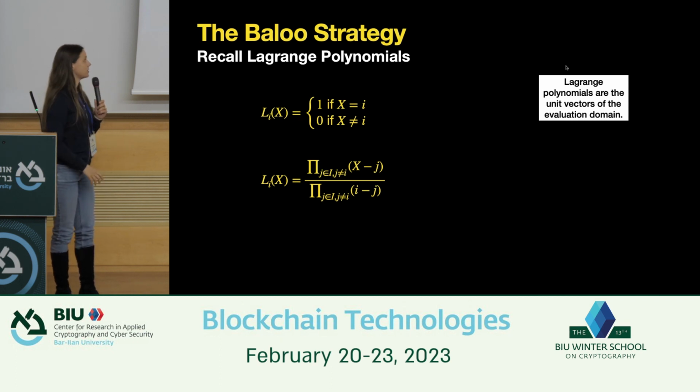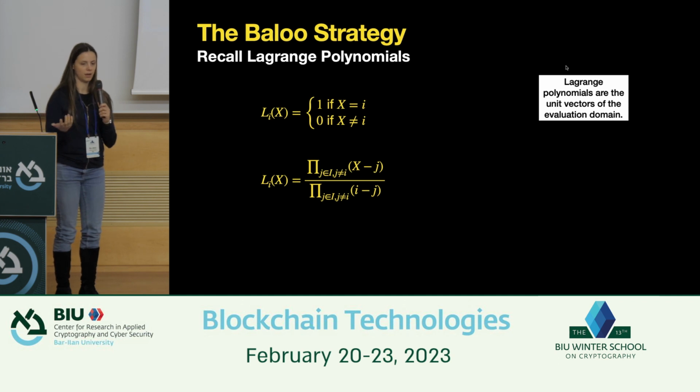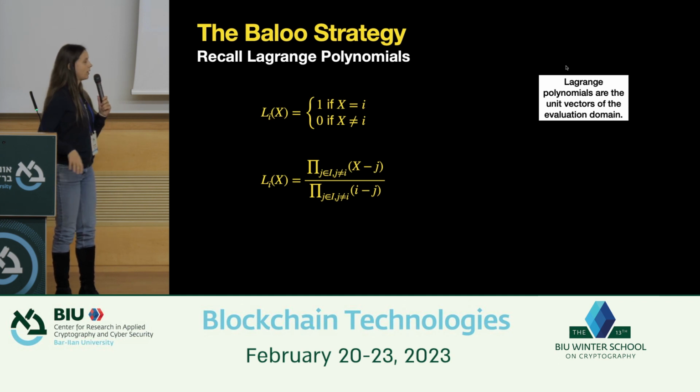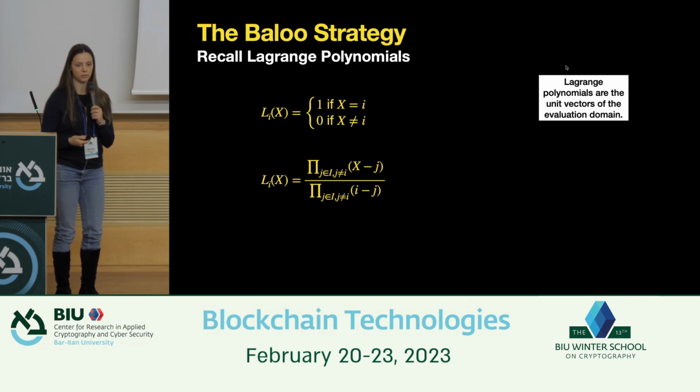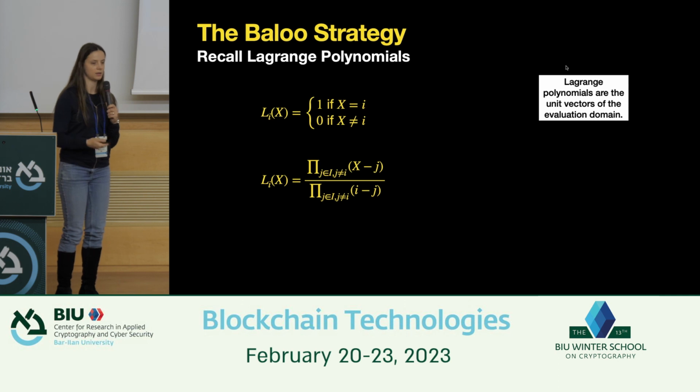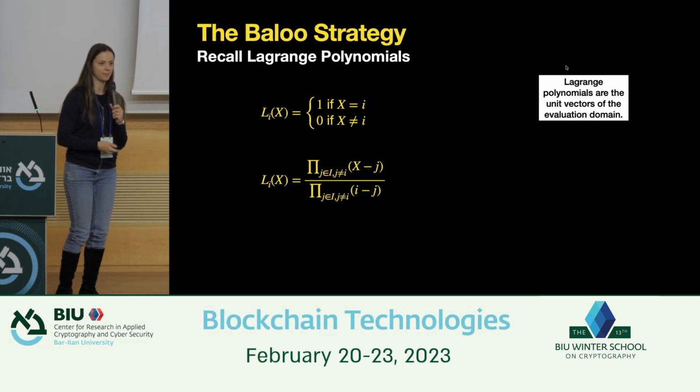If we actually look at this in terms of polynomials, we have this product equation going on here, which defines what this Lagrange polynomial looks like, and this product is going to hold no matter what your domain is. In any domain, this is what the Lagrange polynomial will be.